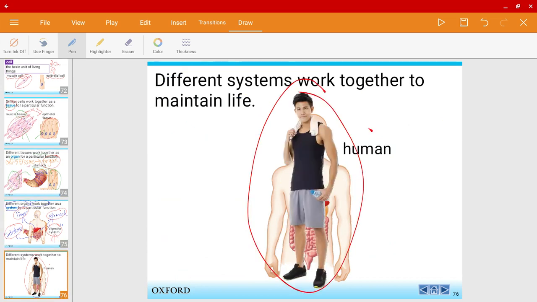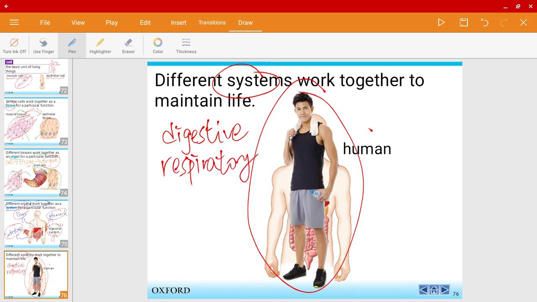And when you combine different systems, for example, just now we saw a digestive system, we have the respiratory system, when you combine different systems together, you have the systems working together to maintain life of a human body.